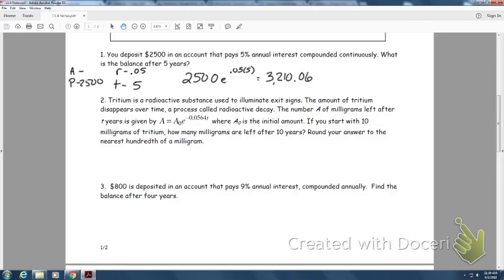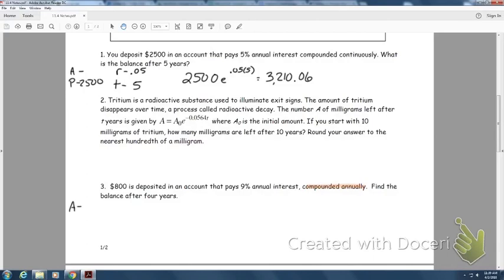Okay, so on this one, Gracie, what formula am I going to use? Does it say compounded? Yeah, annually. So which formula? Compound growth. Okay.